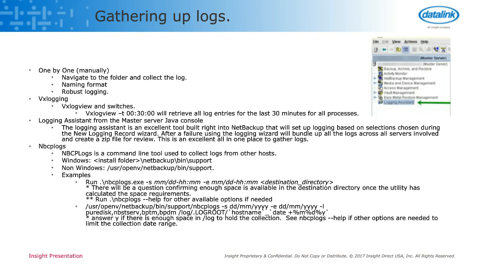We have the logging assistant, which you will open. You'll create the record for what you want to log. You'll need to do this before you actually have a failure to analyze. Before you recreate that failure, you want to go into the logging assistant and create the record.